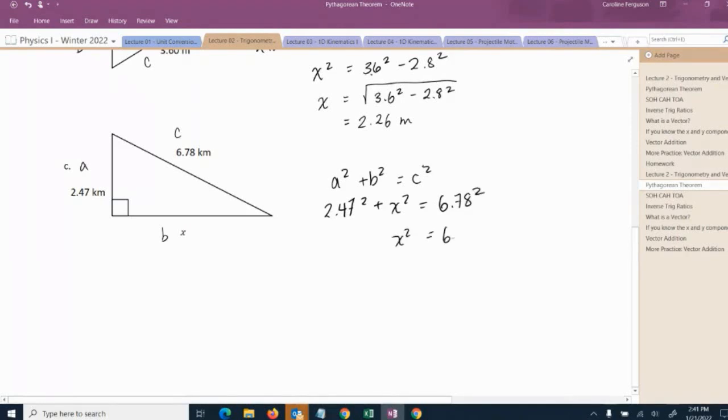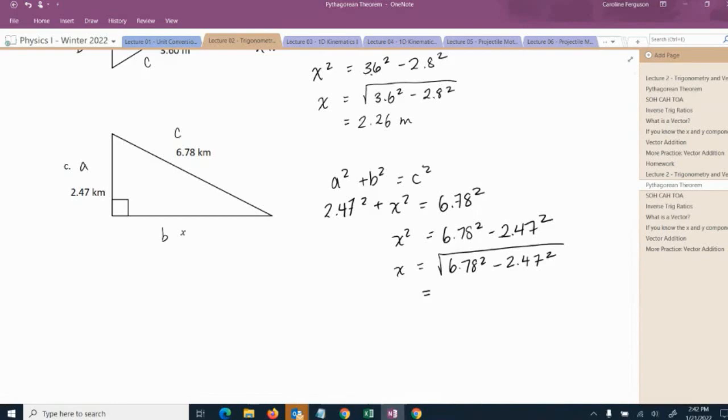Solve for X. And I get about 6.31, and the units are kilometers.